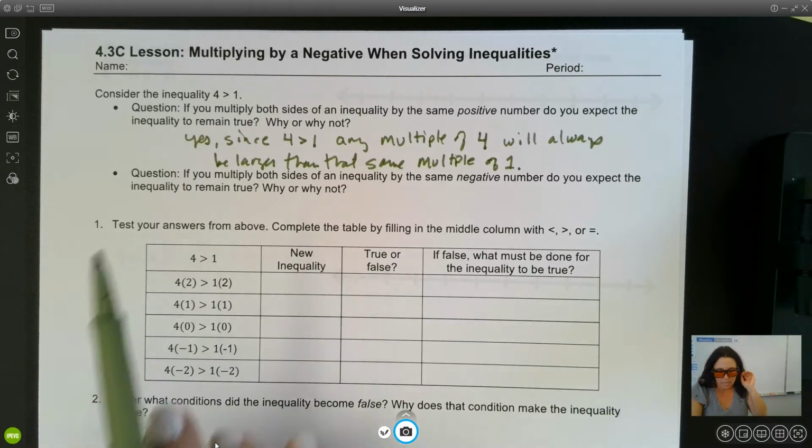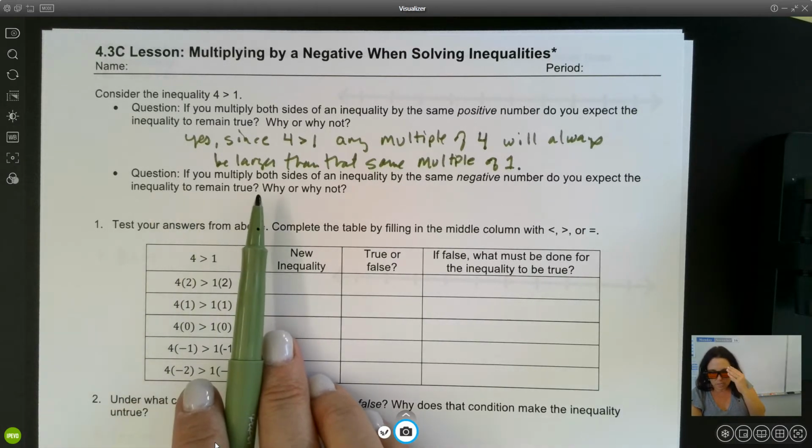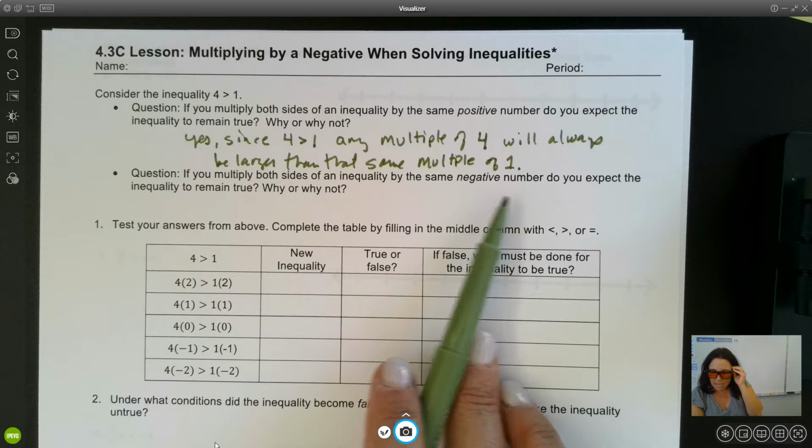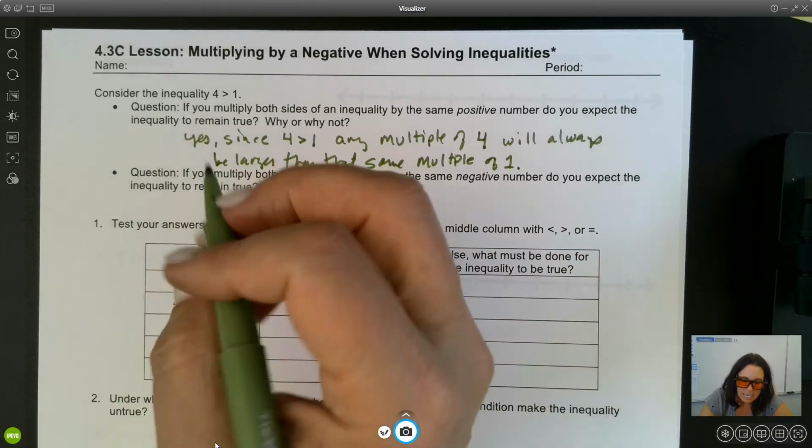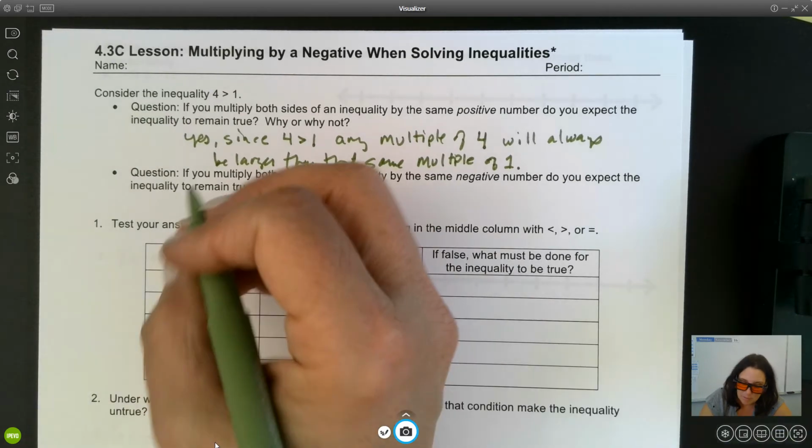Now, question, if you multiply both sides of an inequality by the same negative number, do you expect the inequality to remain true? Okay, now here's where it gets tricky.